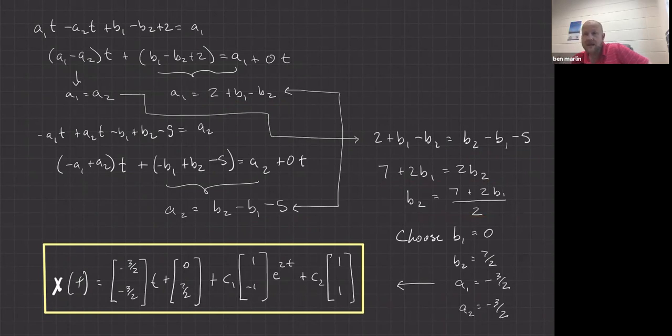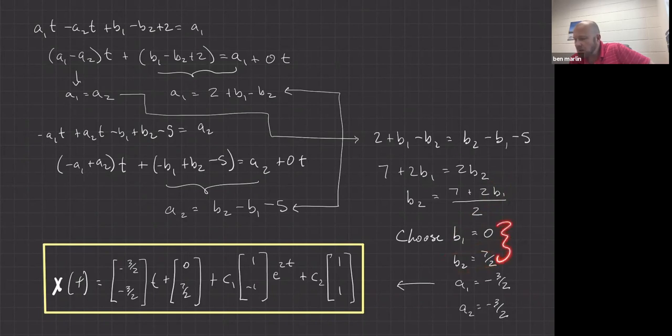Unfortunately, there is absolutely no way to choose B1 in order to make B2 nice. So, lacking any other encouragement, I just chose my B1 to be 0 because that would make some of the calculation easier. B2 then turns out to be 7 halves.